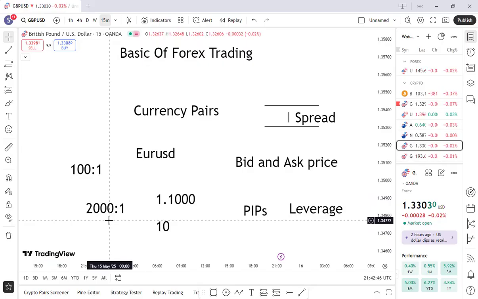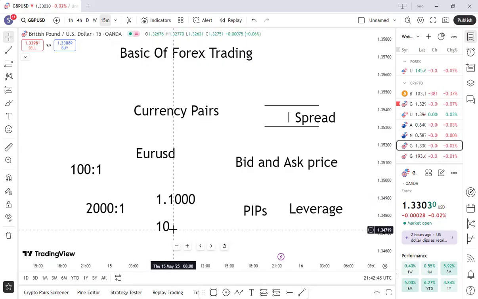If you're making use of a $100 account size, you're actually using a lot size of a $200,000 account. So that's the work of leverage.